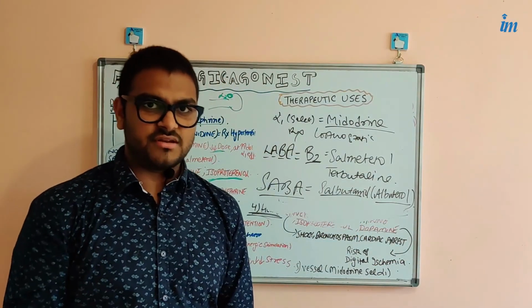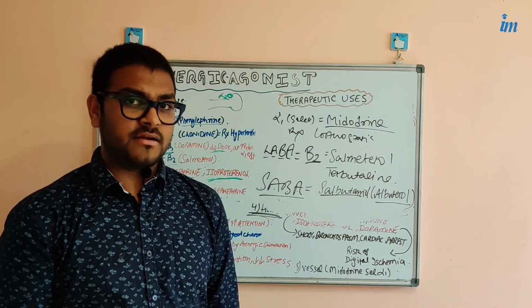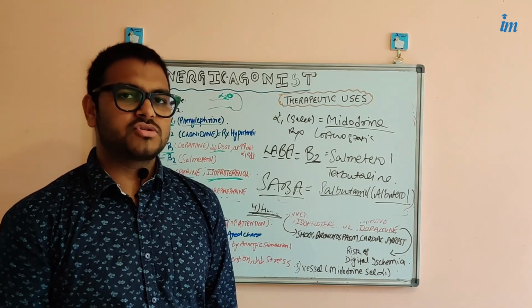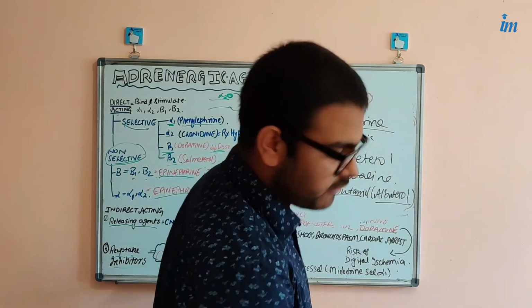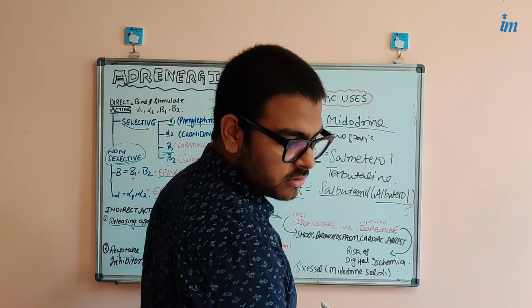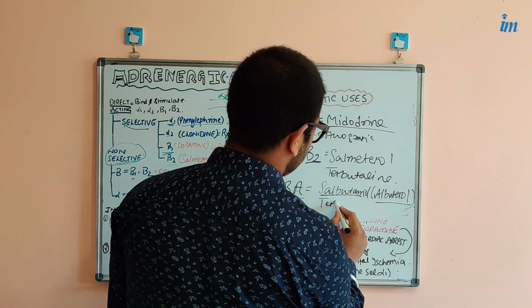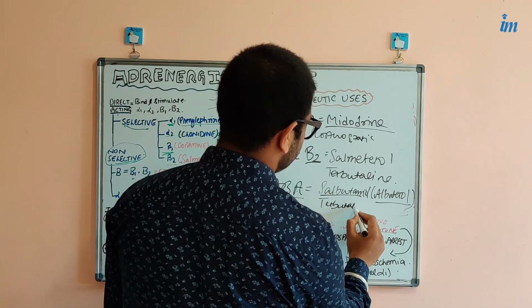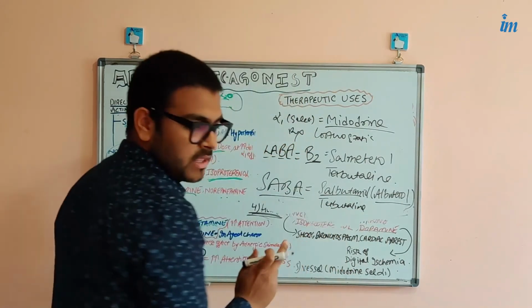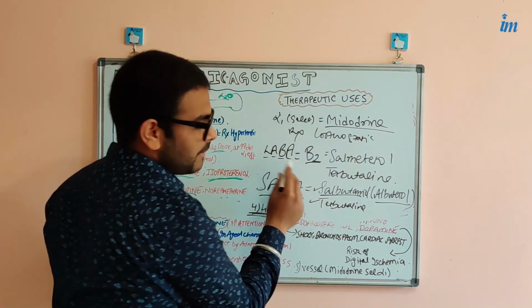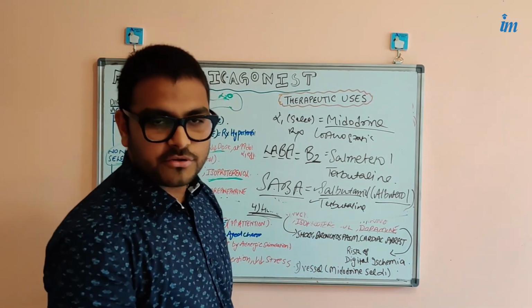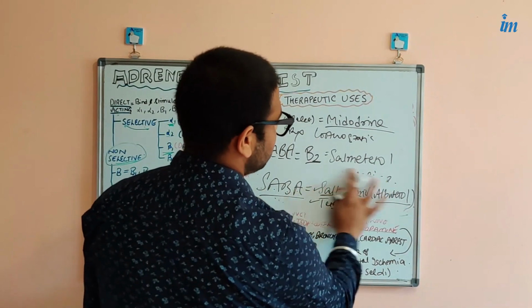Salbutamol is mostly used in India and in European countries, but the Americans call salbutamol albuterol. Sorry, salbutamol and terbutaline are SABAs, and the LABAs are salmeterol and not terbutaline but formoterol.